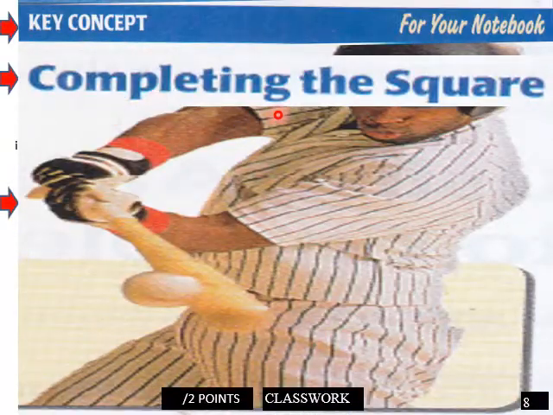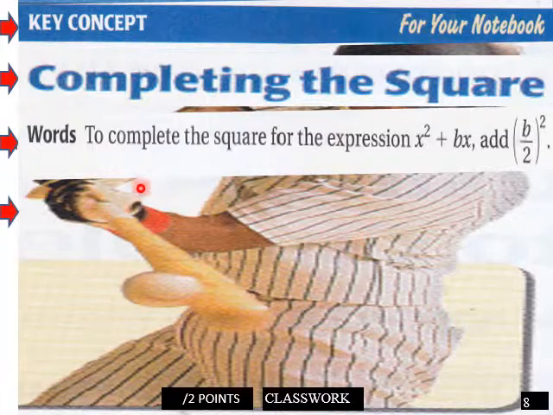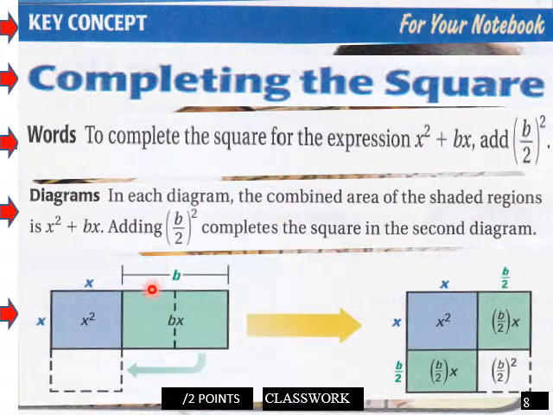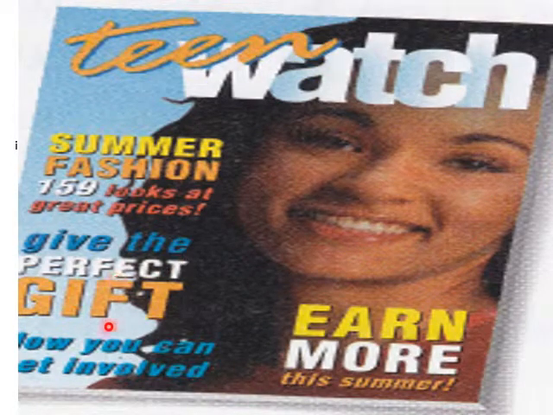Okay, so a key concept about completing the square. To complete the square of x squared plus bx, add b over 2 squared. In each diagram down here, the combined area of the shaded regions is x squared plus bx. By adding b over 2 squared, we complete the square.